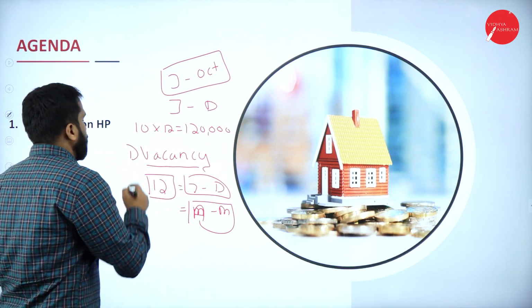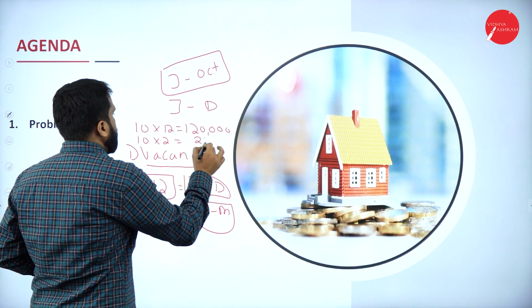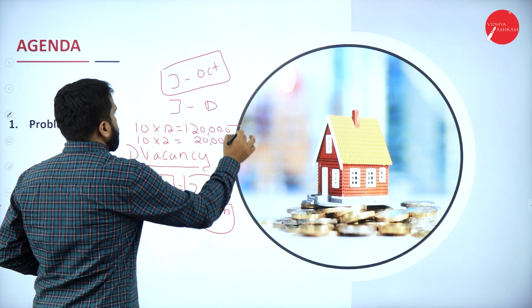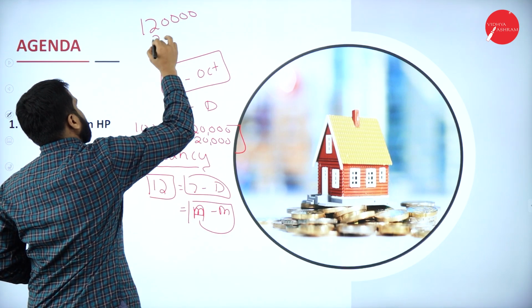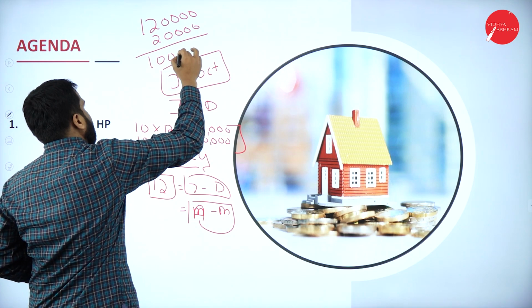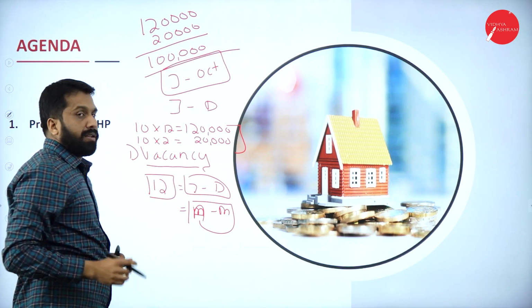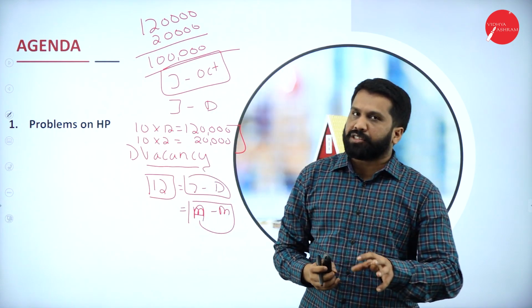Now, this will be 10,000 into 2, which is 20,000. So 1,20,000 minus 20,000, your answer is 1 lakh. This will be your actual rent received. Hope you are clear.